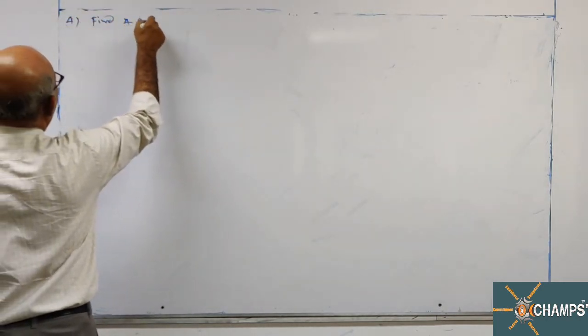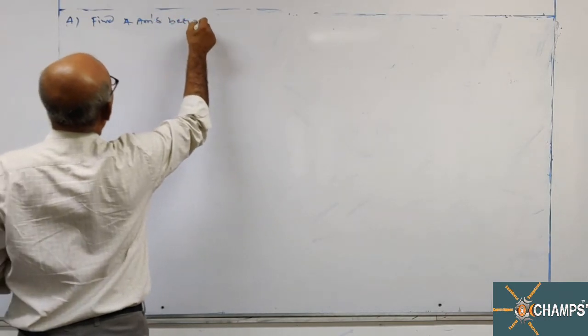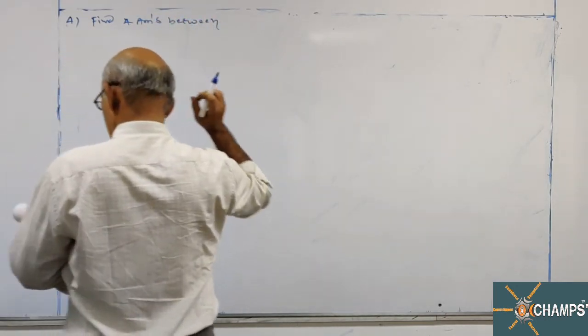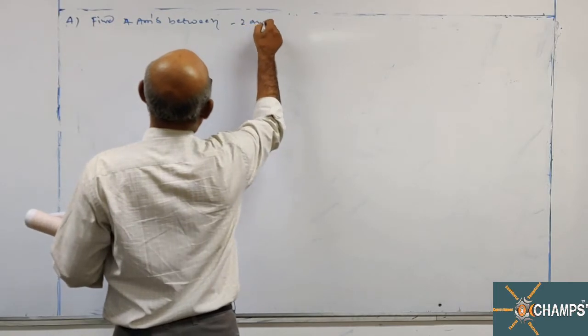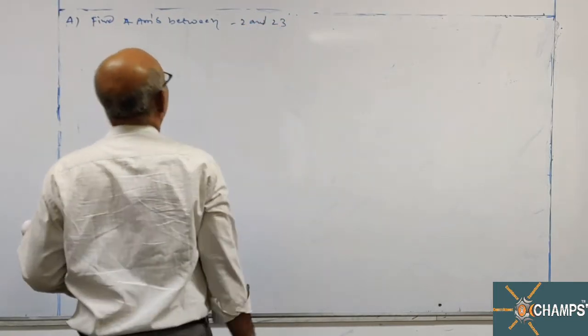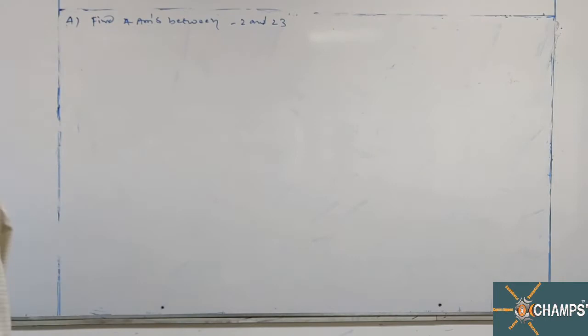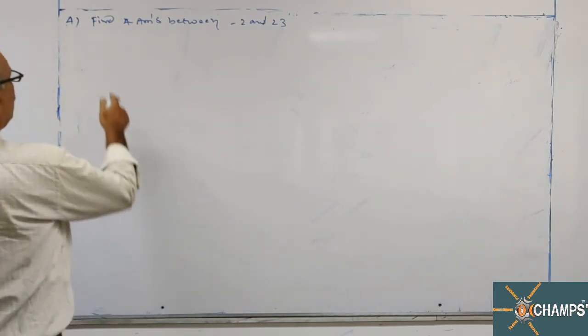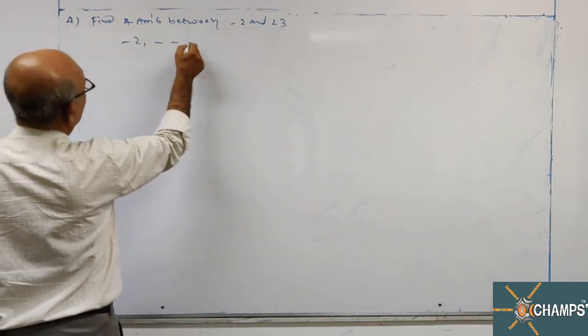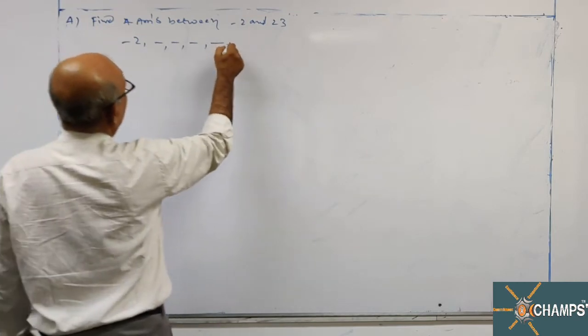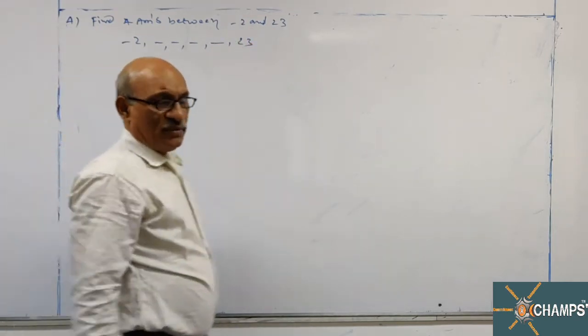Next. Find 4 arithmetic means between minus 2 and 23. This is the same as minus 2, blank, 23. You have to find out the missing figures.